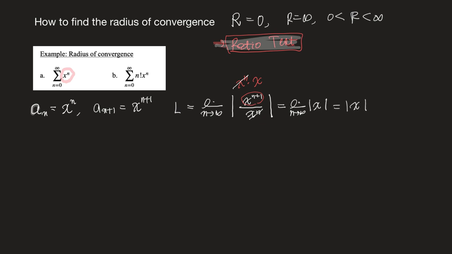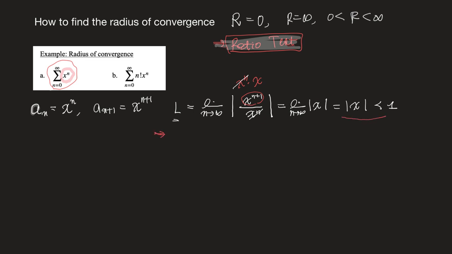So what else do we have to figure out? We want to know the distance from the center. This geometric series center is 0. The ratio test says this L value should be less than 1. This is convergence, okay? So you find this one.